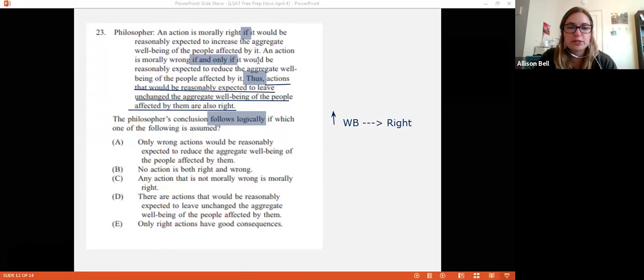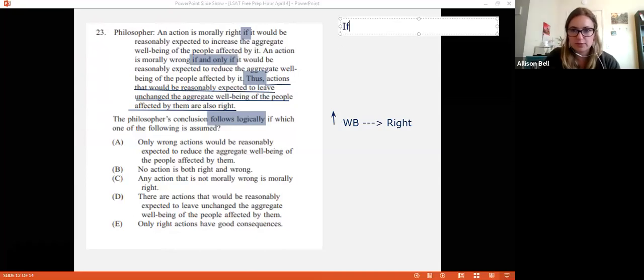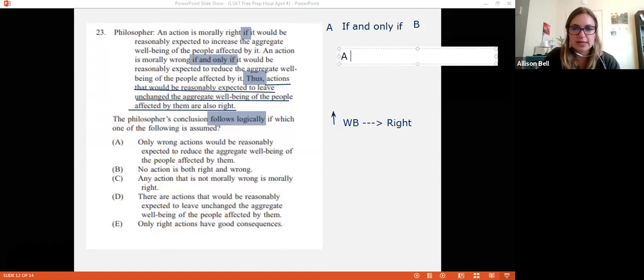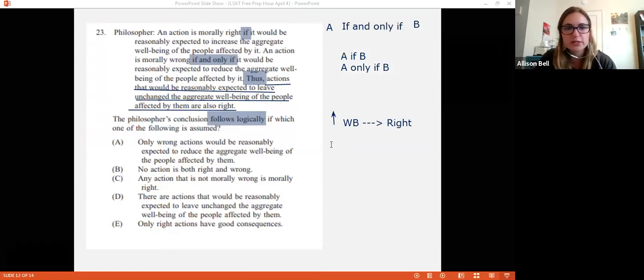Then I get some information about it being morally wrong, and I see it's an if and only if statement. When I have an if and only if statement, I can break it up into two different ones. So if I say A, if and only if B, what that means is A if B and A only if B. So that would look like this.